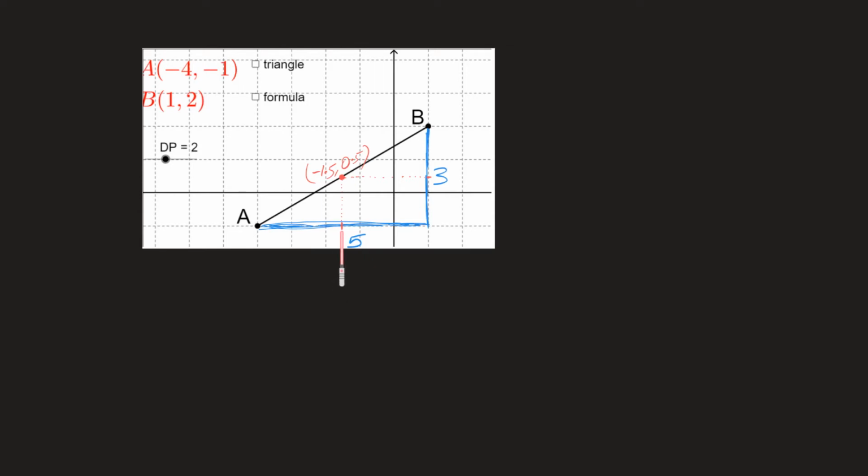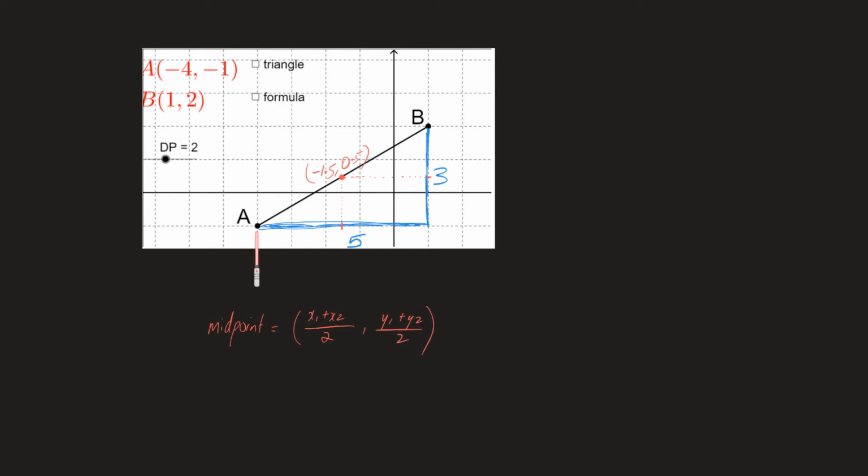We halved that to get our horizontal midpoint, and with our vertical distance, again we halved that to get our vertical midpoint. So what we're actually doing there is, the midpoint is going to equal (x1 plus x2) divided by 2, (y1 plus y2) divided by 2.